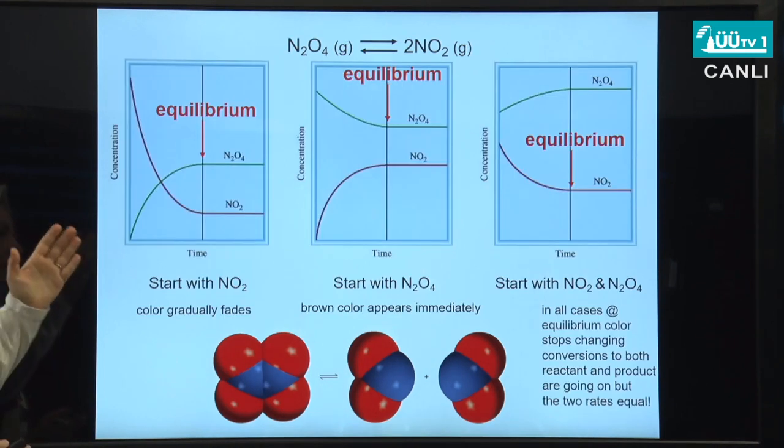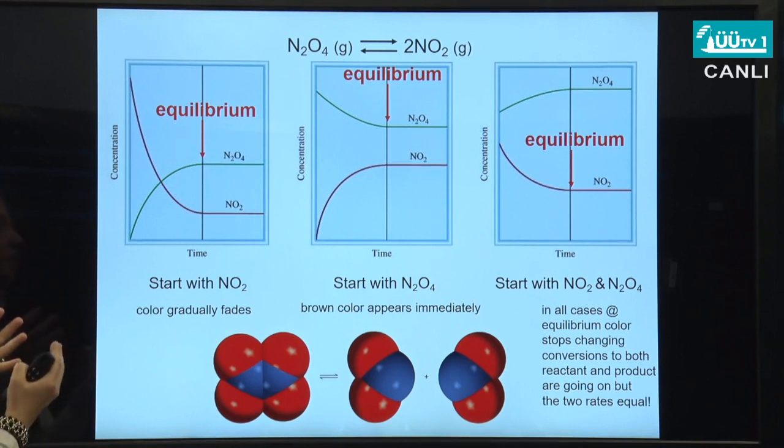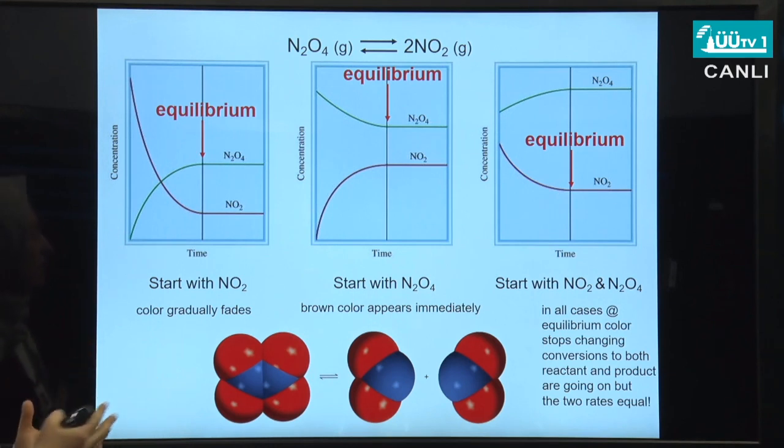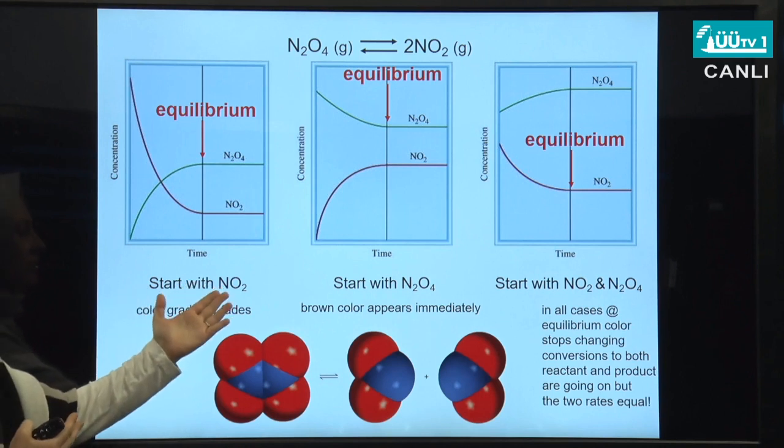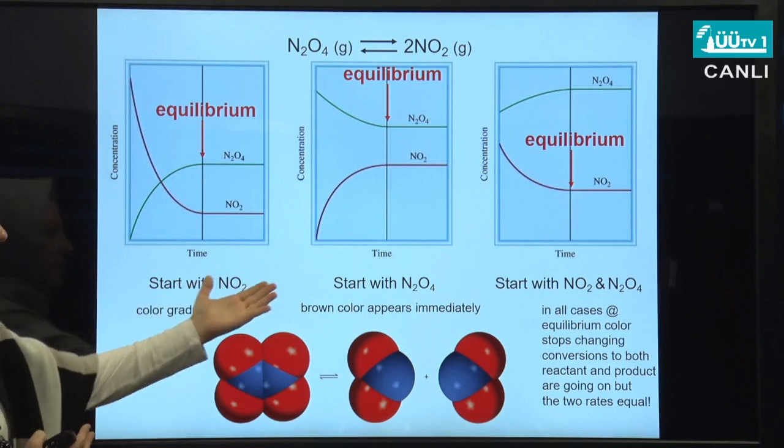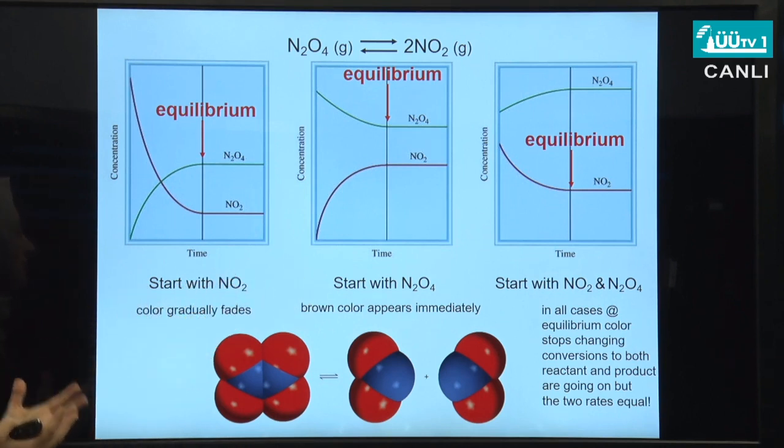Okay, this is the same graph as I showed in the previous slide. You can also investigate the reaction proceeding from the color change, because I said that nitrogen dioxide has a brown color, whereas nitrogen tetroxide is colorless.